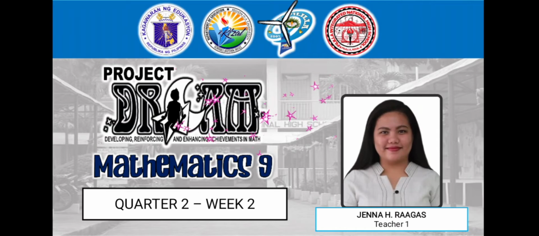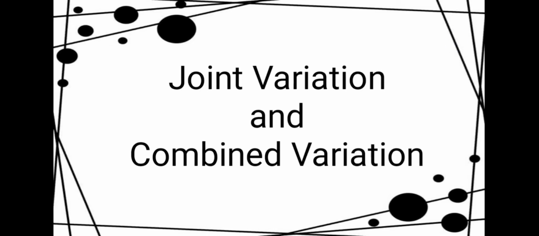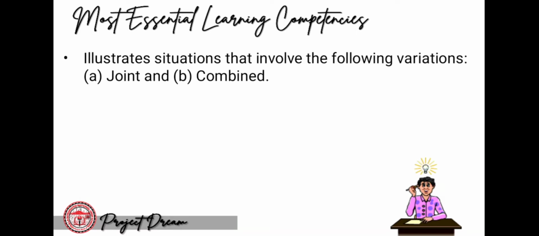Good day, everyone. Today, we will discuss Quarter 2, Week 2 in Mathematics 9, entitled Joint Variation and Combined Variation. The most essential learning competencies are: illustrate situations that involve the following variations: joint and combined.